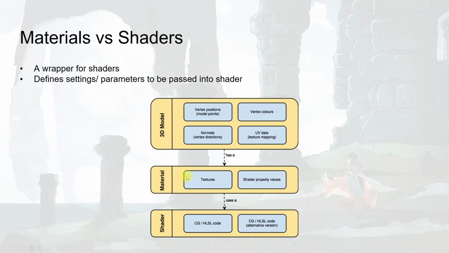Inside this material it can contain textures or shader property values, and this material uses a shader to actually use these parameters and textures and render the surface of this 3D object. So that is a kind of a uses-a relationship.